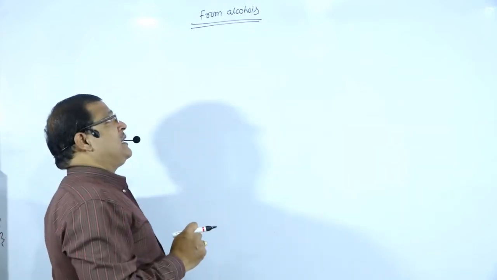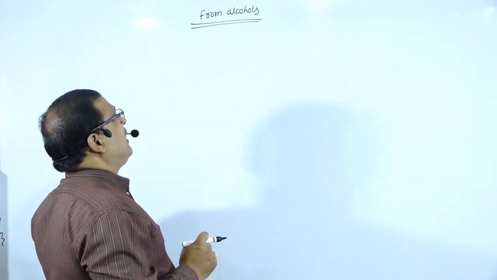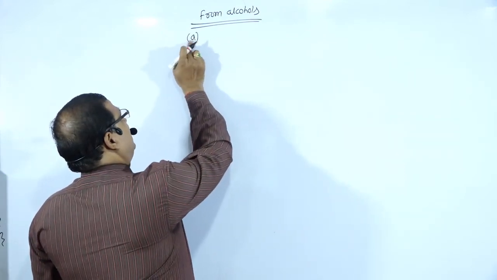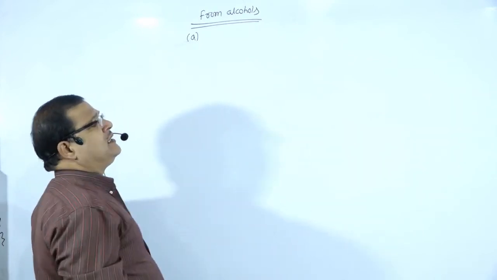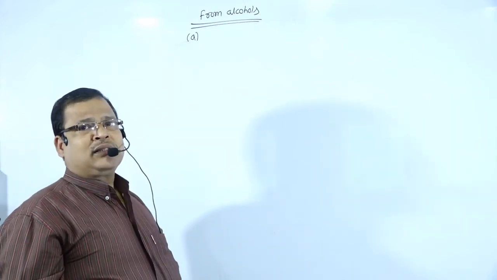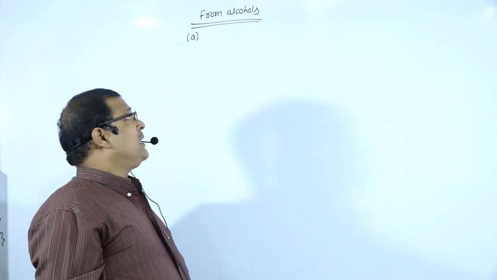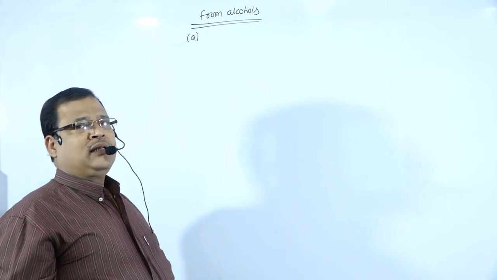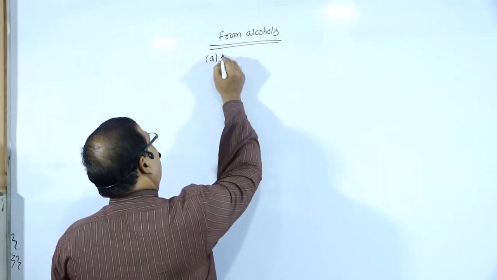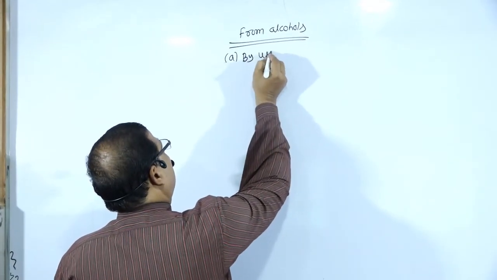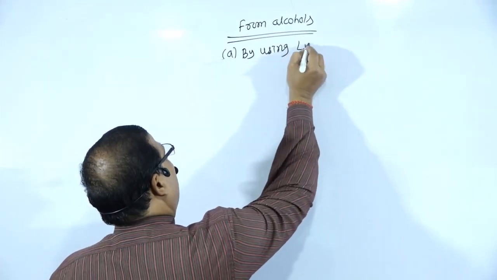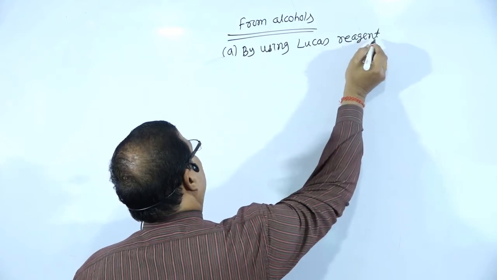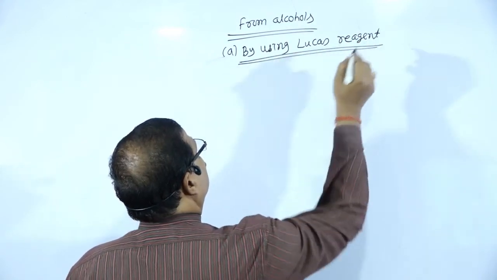So in this case we have to explain the preparation of alkyl halides from alcohols in 2 ways. First, by using Lucas reagent.